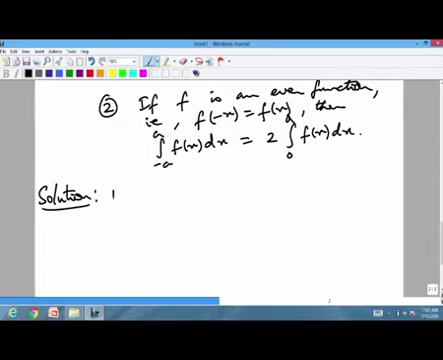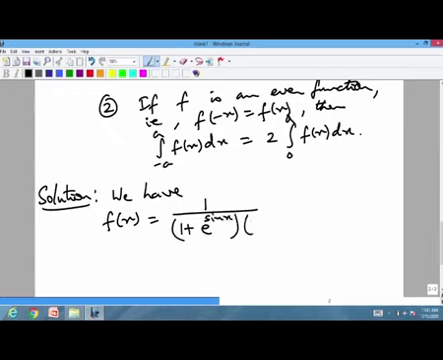So, we have f(x) equal to 1 over (1 plus e to the sin x) times (2 minus cos 2x).